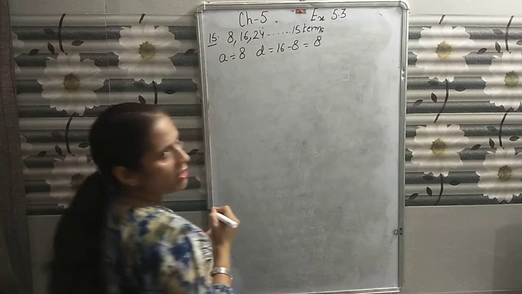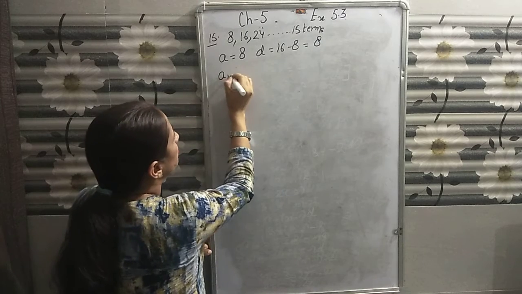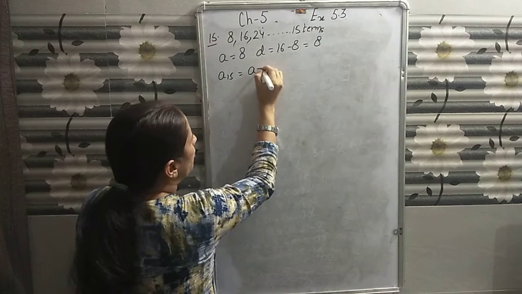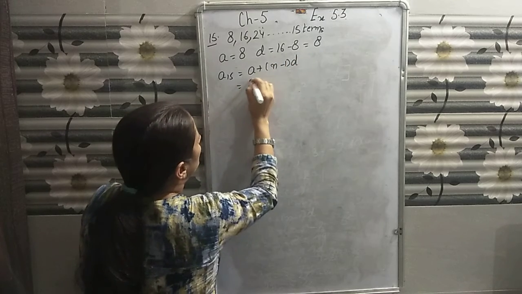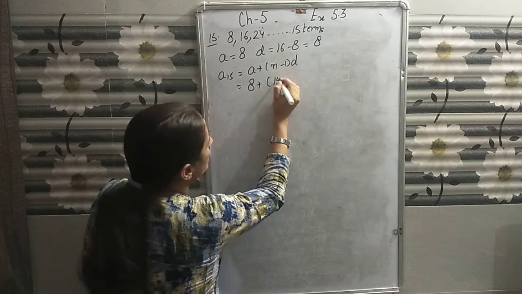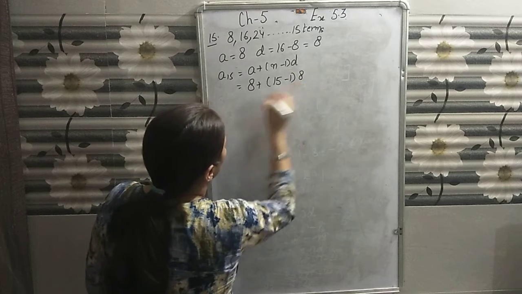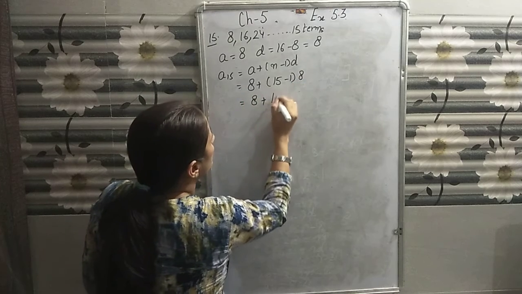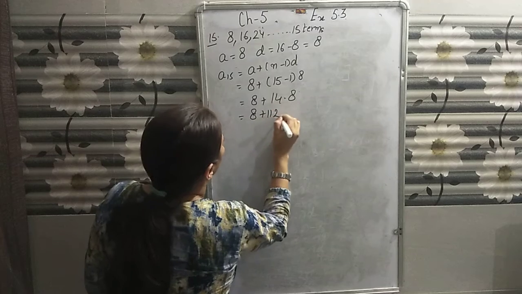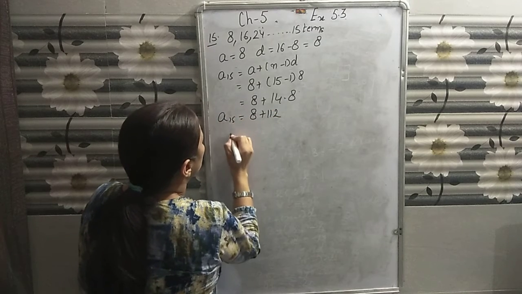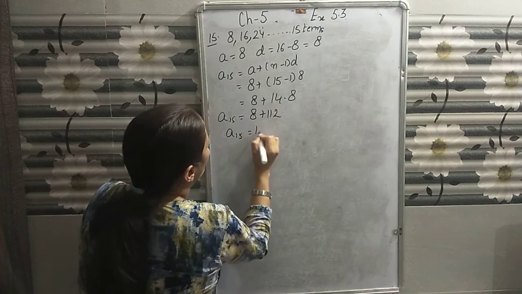So first of all I will find my last term, that is the 15th term. I will apply the formula a plus n minus 1 d. This is 8 plus 15 minus 1, d is 8. This is 8 plus 14 into 8, that is 112. So your 15th term is 120.